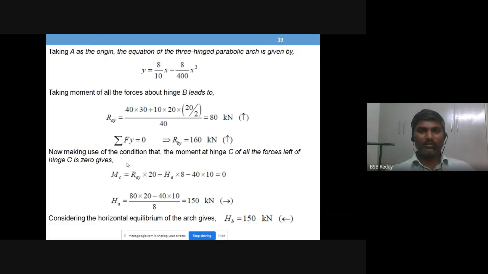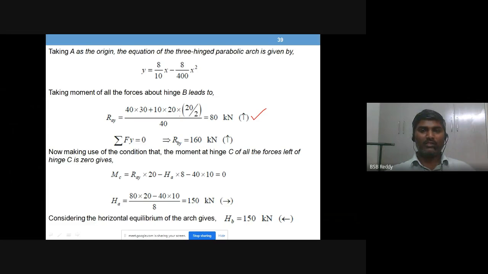So how do you find the vertical reactions? To start with, we will solve for the RAY value.